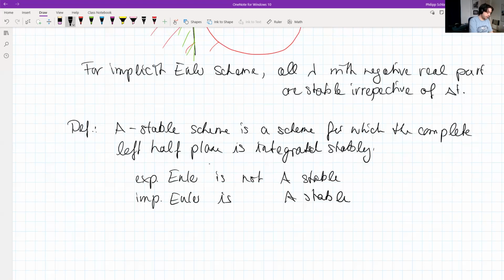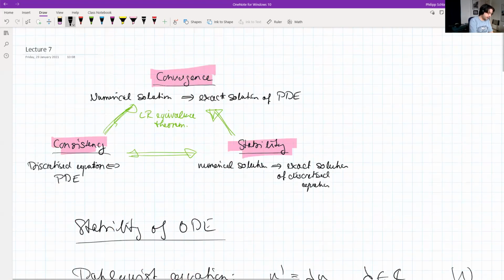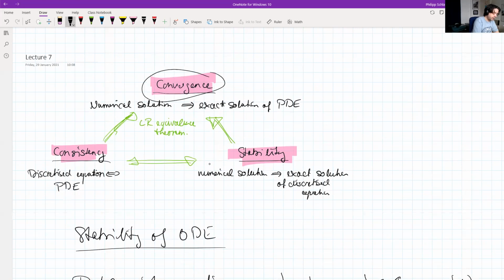Convergence, so the topic in the beginning, what we actually want. Convergence is still only achieved in the limit of delta t going to 0. So it means implicit schemes allow you larger time steps, but it doesn't mean that you get a better solution. Of course, it will not blow up. So you will have convergence eventually, but the actual error may still be very large.